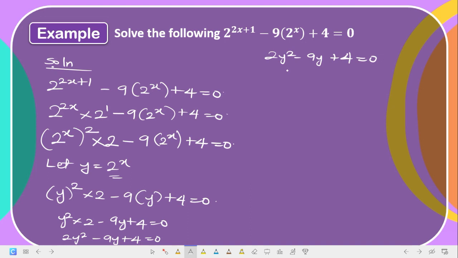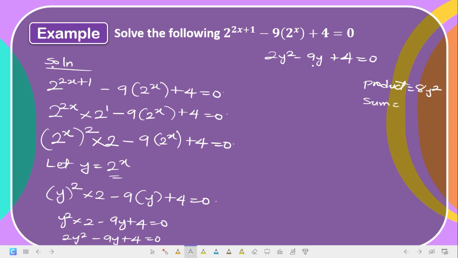Now, using the factorization method, what are those two values that when you multiply them, they will give you, first of all, we need to find the product. The product is 2y squared multiplied by 4, which gives us 8y squared. Now we'll look at the sum.